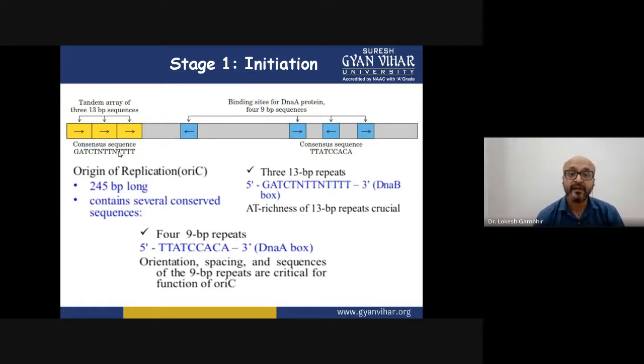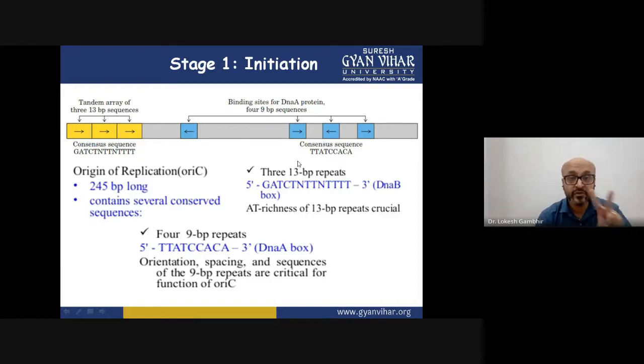Then there are other domains which have repetitive sequences of the length of 9 base pairs, but those are not tandem. They are present in different positions and different orientations, and those are classified under the category of 9 base pair sequence repeats, and the sequence is presented here.